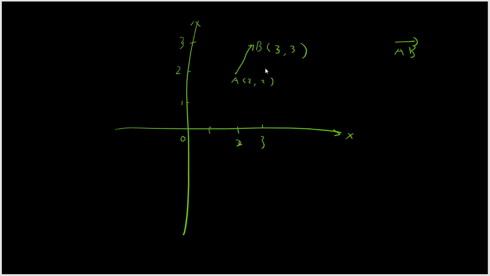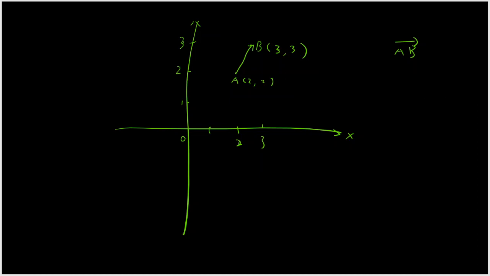All we need is to find a position vector that is equal to AB. We know how to represent the position vector, so we know how to represent AB.